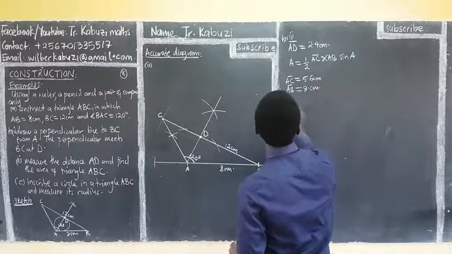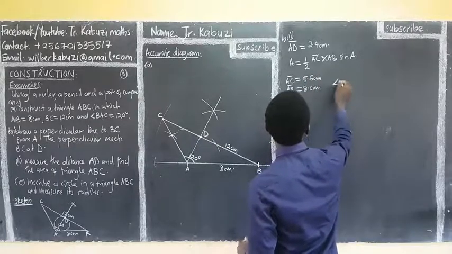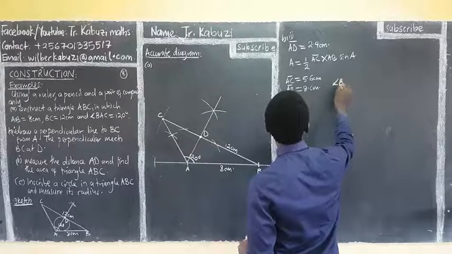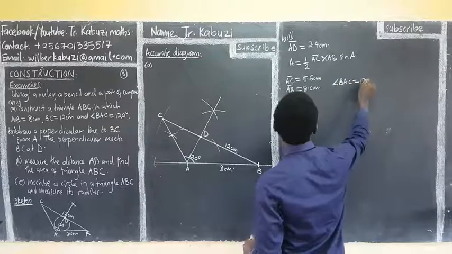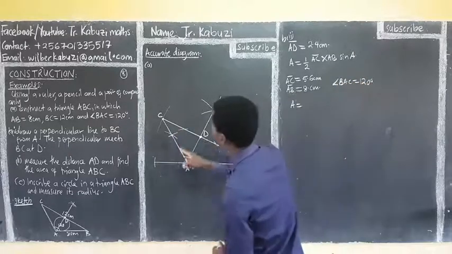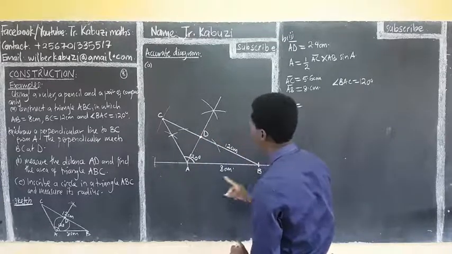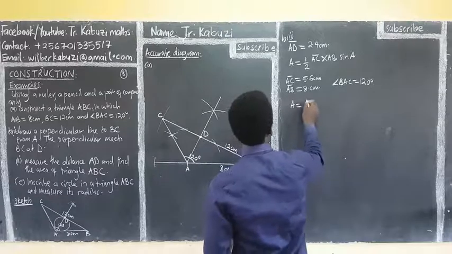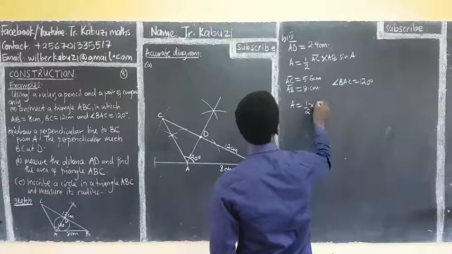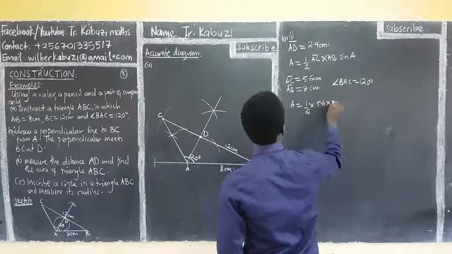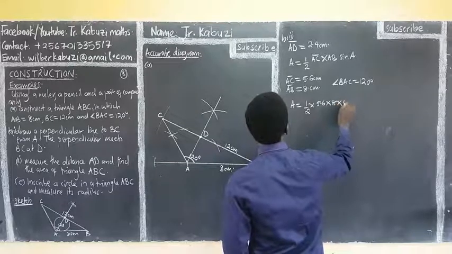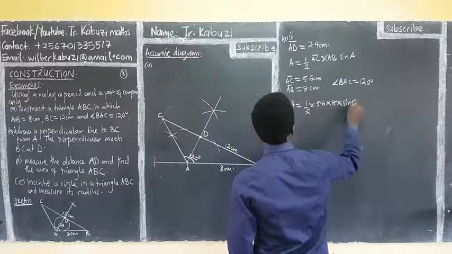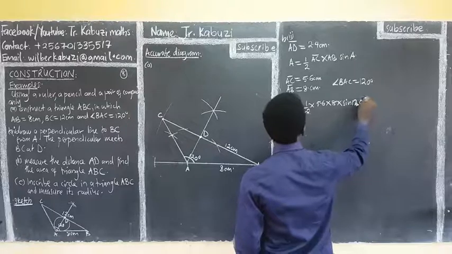So that means my angle DSC is 120 degrees, the angle between these two lines. So my area is going to be a half times 5.6 times 8, then times sine of 120 degrees.